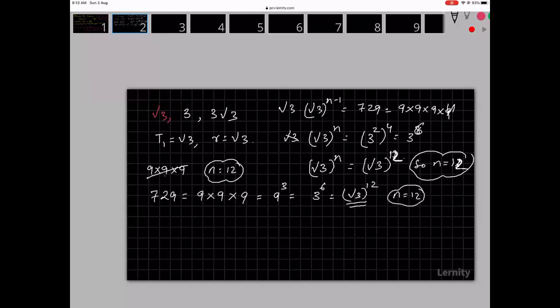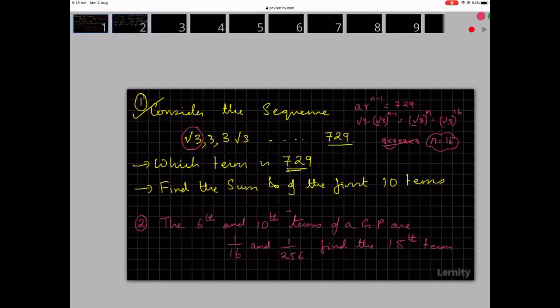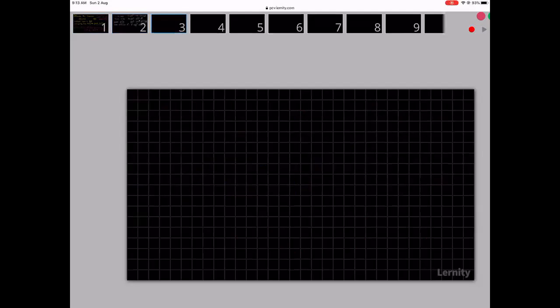Then I asked you to find the sum of the first 10 terms. So S10 is equal to a into 1 minus r power n divided by 1 minus r. So what is a? A is root 3, 1 minus root 3 power 10 divided by 1 minus root 3. I will put root 3 plus 1 in the numerator so that we can simplify.